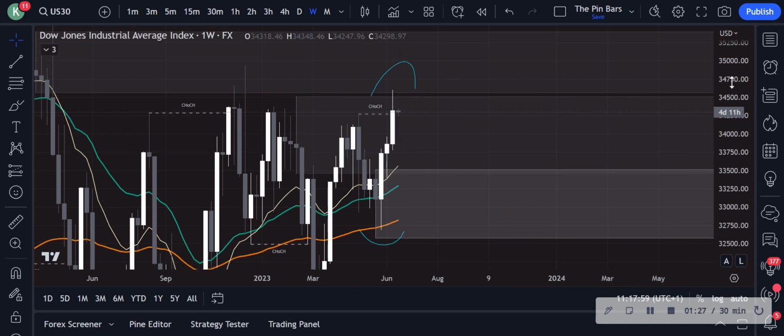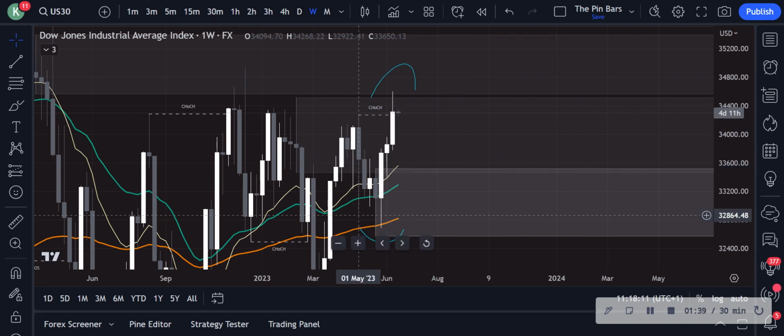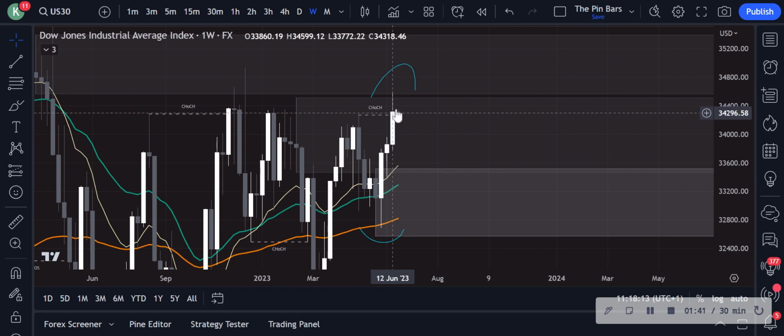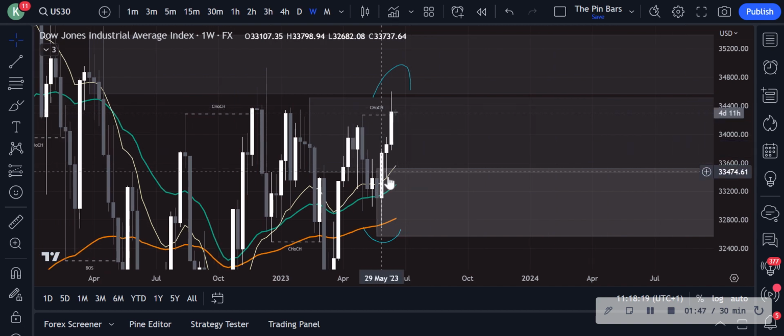And what I know about change of character is typically price comes down to retest a zone below before it starts going up in the direction. Let's just talk about this case analysis. Price is going to be bullish just based on the weekly, in the long term. However, price could decide to come down and retest a zone.